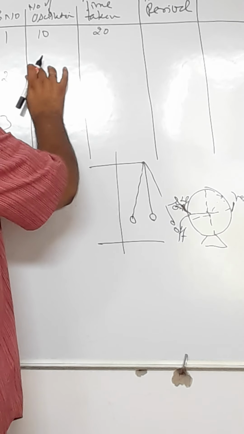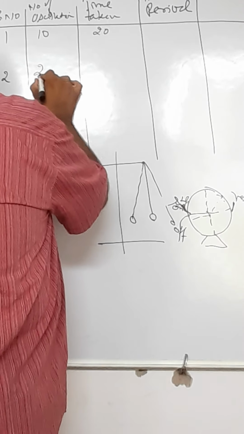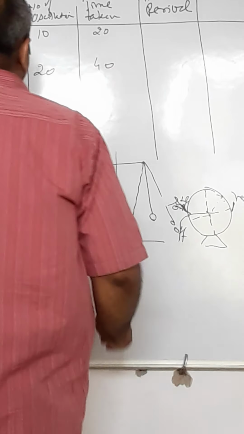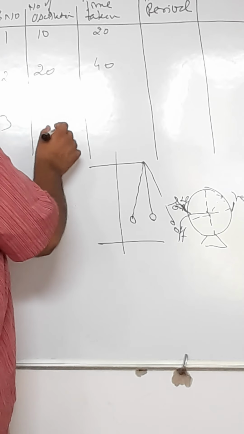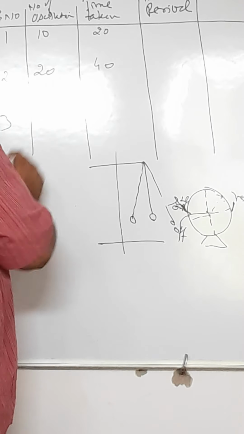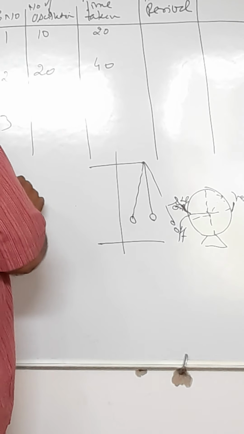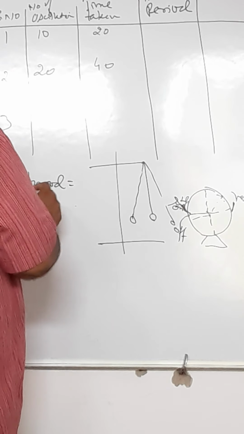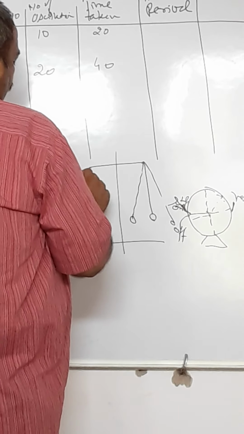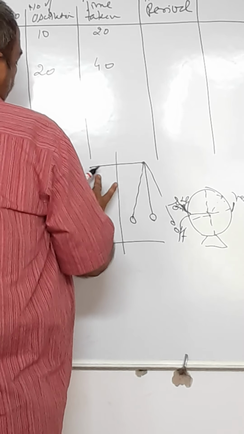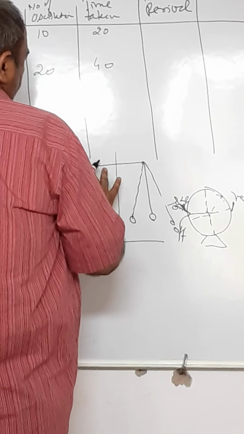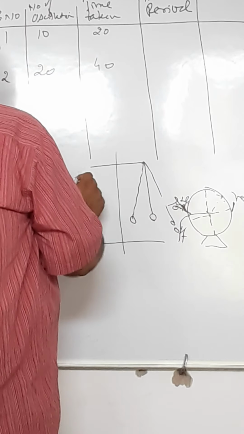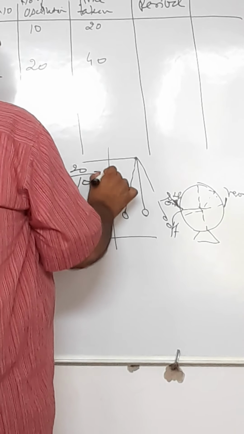If it is 10 oscillations, time will be less; for 20 oscillations the time will be more, and for 30 it will be more still. So if I calculate the time period, the number of oscillations and the time taken to complete one oscillation is 2 seconds.